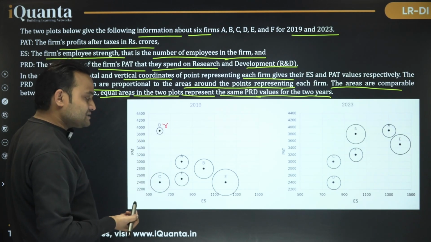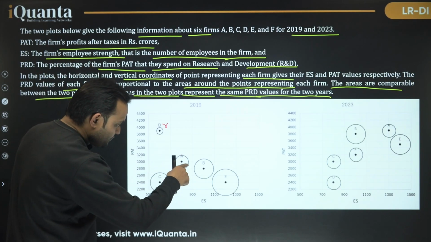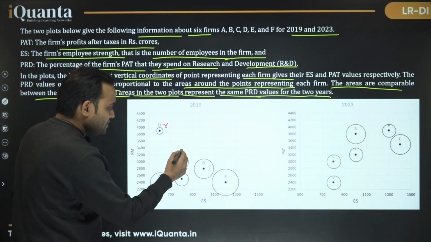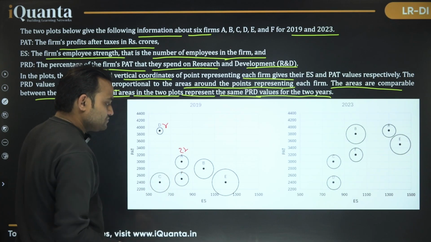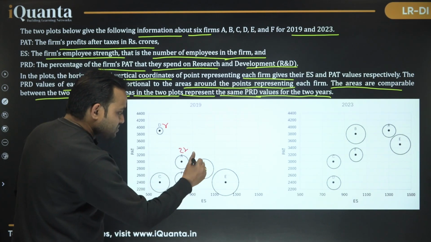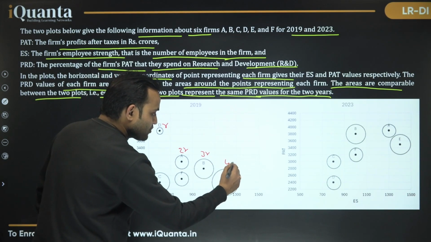And if the radius is r here, then the radius of this circle will be 2r, because this circle is between 1, 2, 3, between two lines. So this will be 2r. Similarly, this one becomes 3r, and this circle's radius is 4r.